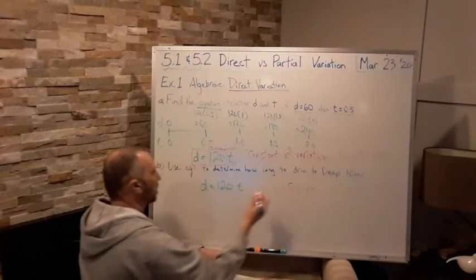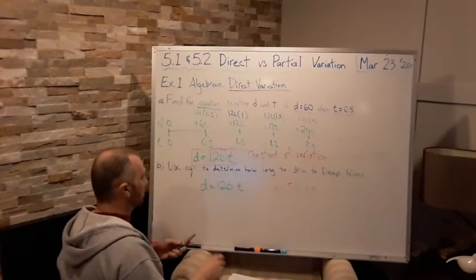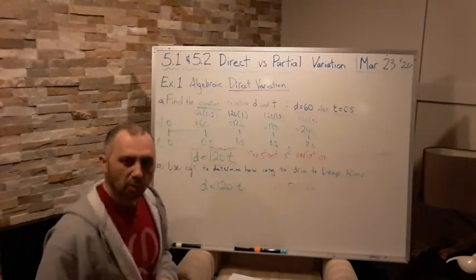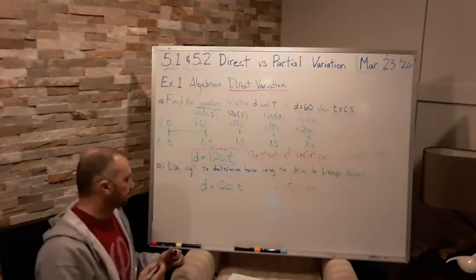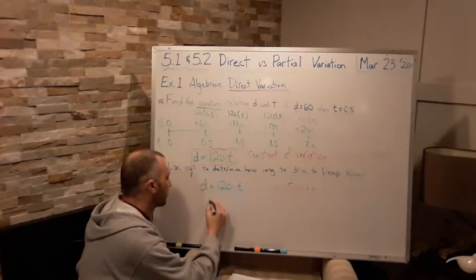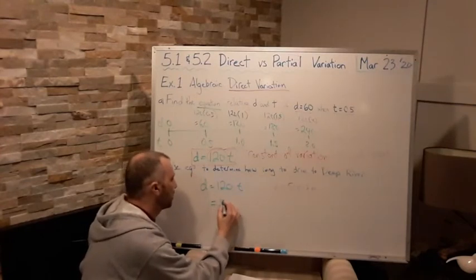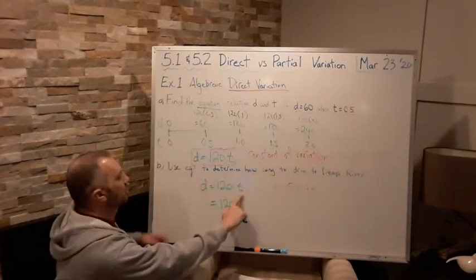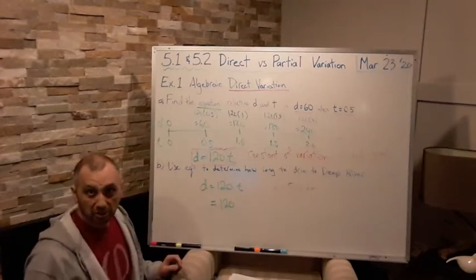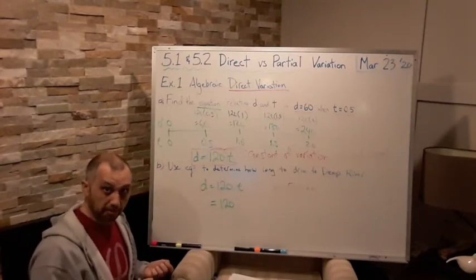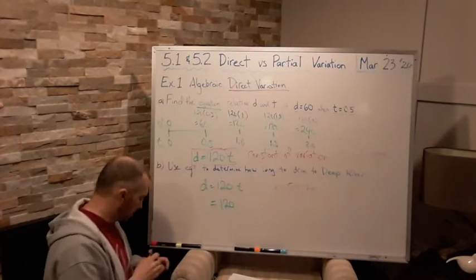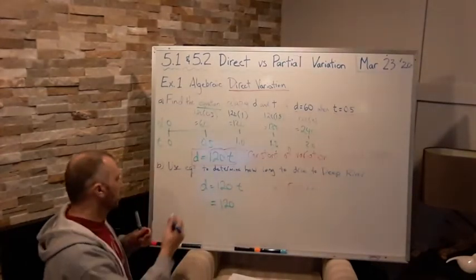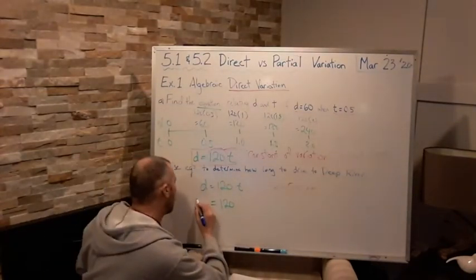So I want to plug in 500 somewhere in this equation. Where do you think the 500 should go? We definitely want to keep 120 here. But should the 500 go here or here? Well, is it a distance or is it a time? 500 is a distance, so where we used to write d, I'm going to write 500.